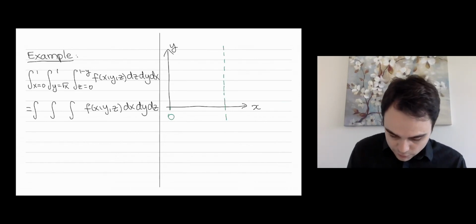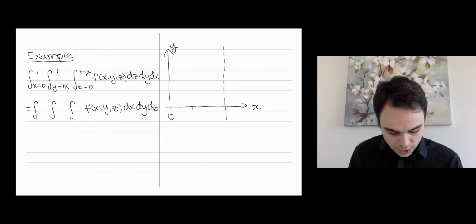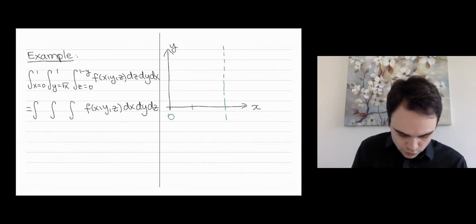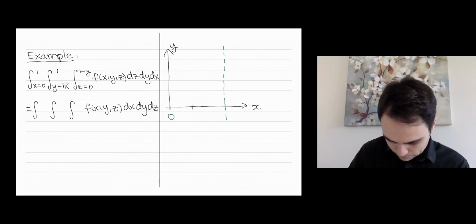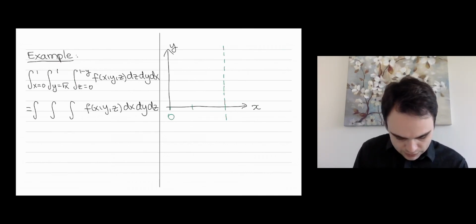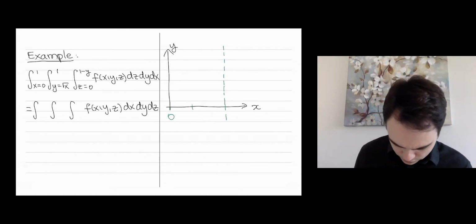And if I give you an intermediate value of x between 0 and 1, the intersection of the region with this vertical line will be the segment where y goes from root x to 1. So let me draw these two things. I'm always going to stop when y is equal to 1.